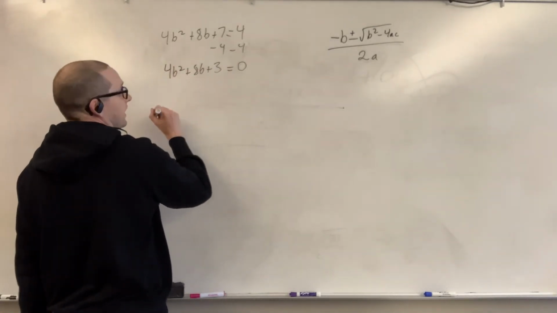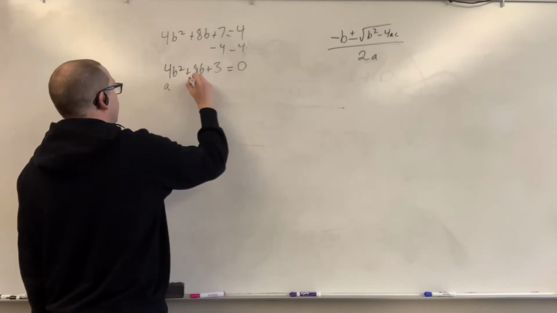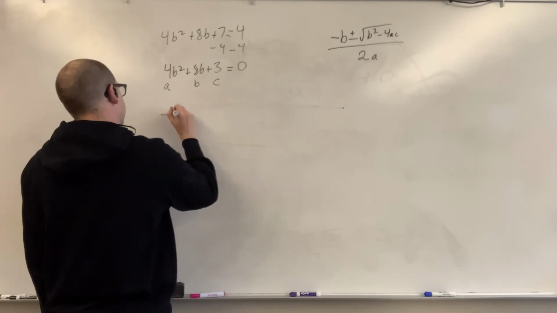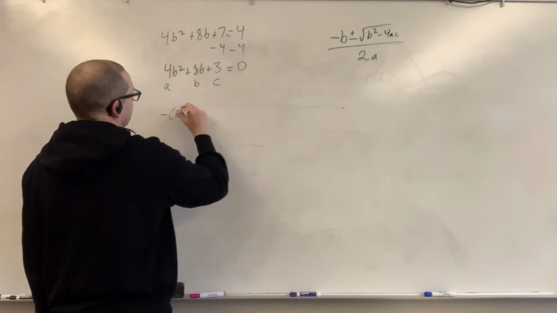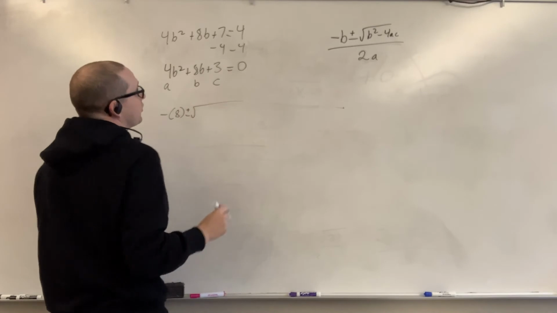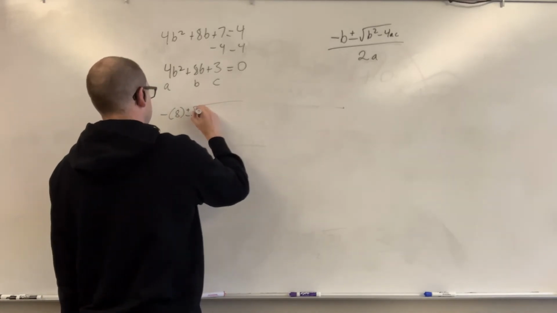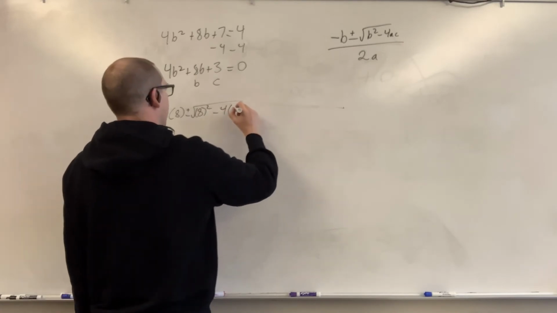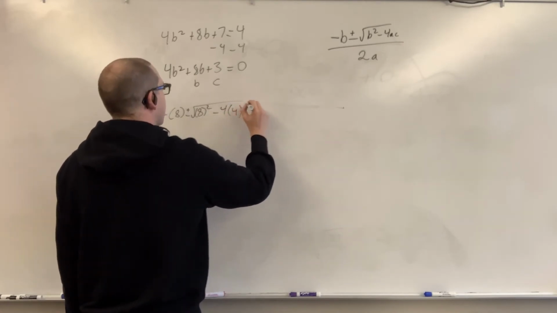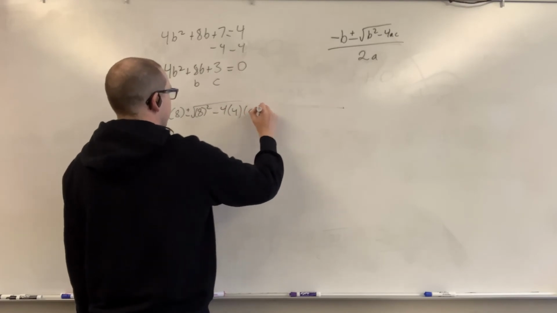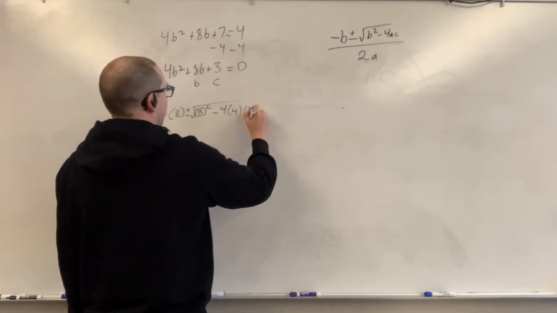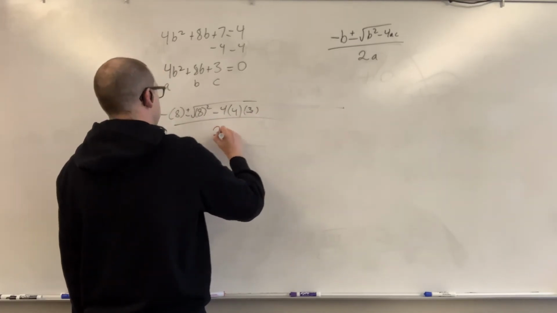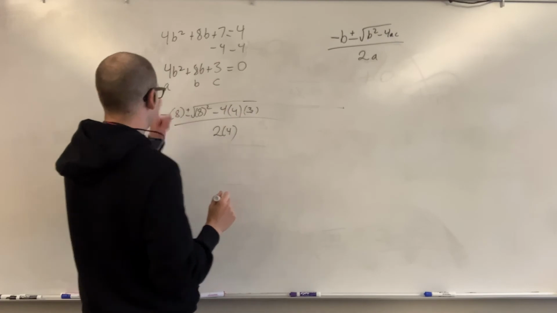And so we just go ahead and enter these in. A, B, C, and we're going to have negative 8 plus and minus square root of 8 squared minus 4 times the quantity of 4 times the quantity of C. Oh, that was 3. 4 times 3 over 2 times 4, because A is 4.